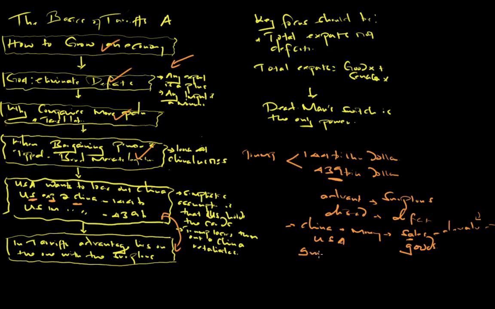If you export more than you import, you have a surplus, because an import is a minus. And this surplus is saved or invested. Now, if you have a deficit, then this number is in the negative, which means you are spending more than you can save.